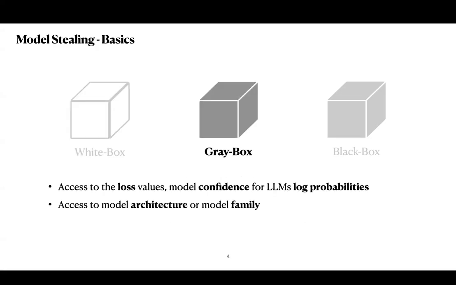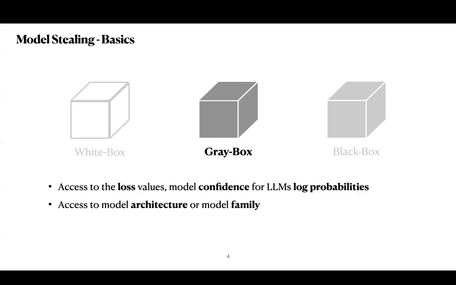If we move one step further, there is the gray box setting, which is what the membership inference methods you saw are working in, and you also see it in model stealing. They assume that you only have access to the loss value, for example, if you are doing a classification task, you have access to the confidence given by the model.